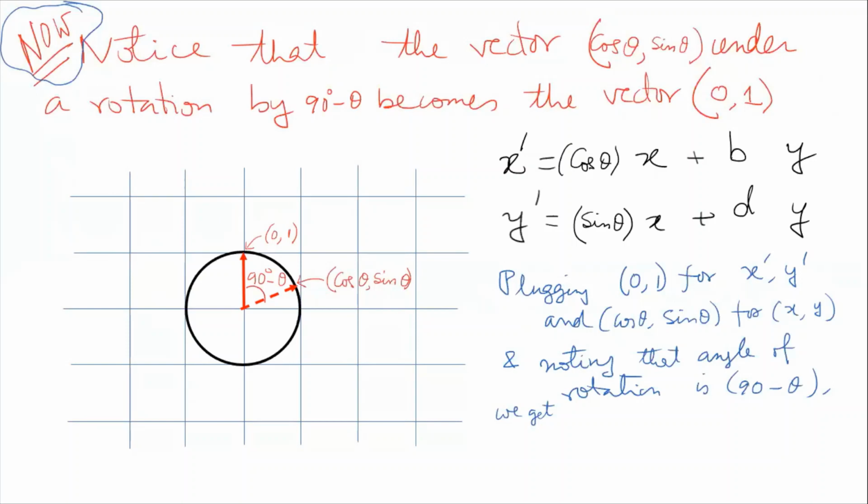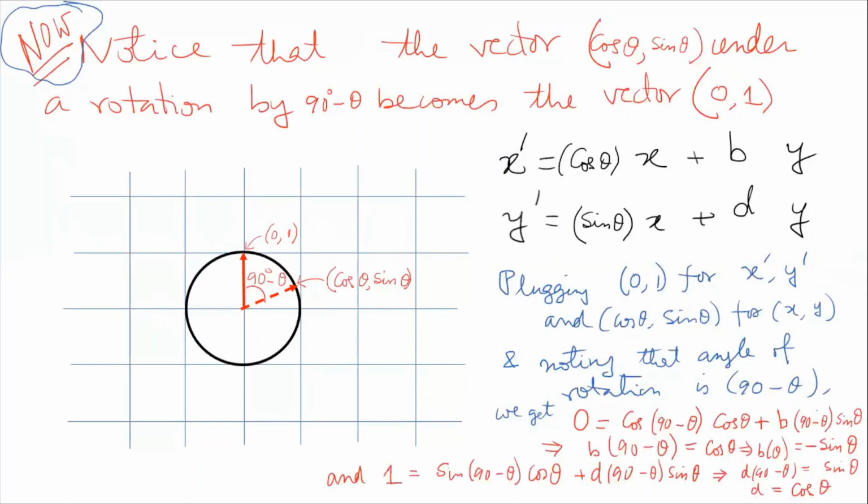However, the important thing to remember is that you are rotating by an angle not theta here, but 90 degrees minus theta. So in the above equation, where you have cos theta, you should really put cosine of 90 minus theta, and where you have sin theta, you have to put sine of 90 minus theta.